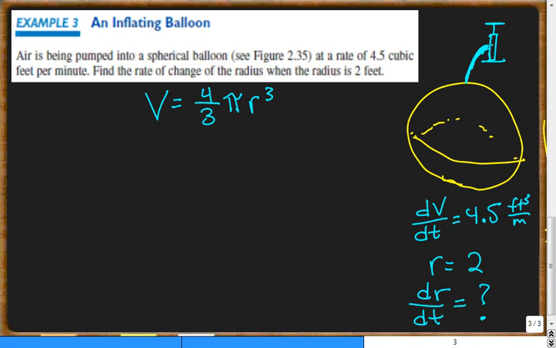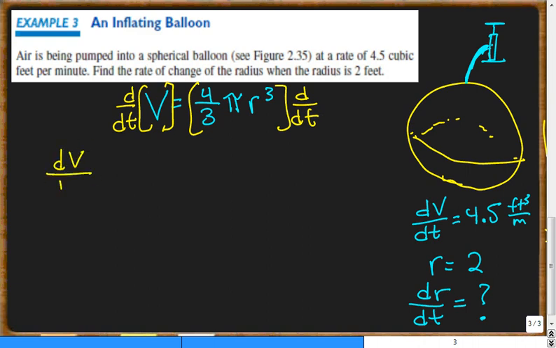So again, I need to take the derivative of each side with respect to time. So the derivative of volume with respect to time is going to be dV over dt. We then are going to do a large power rule over here.